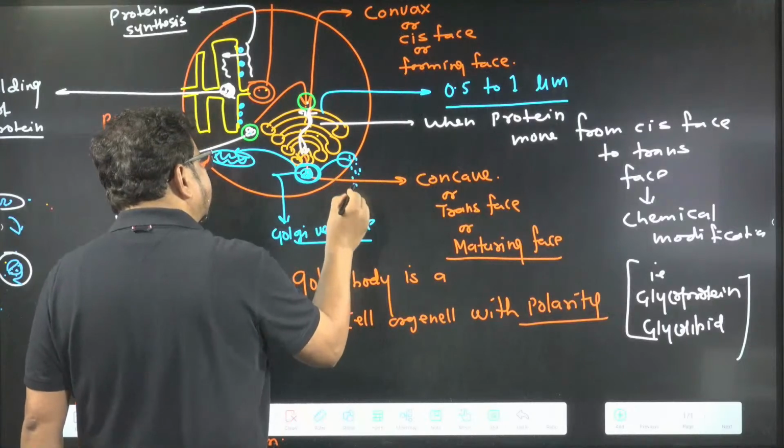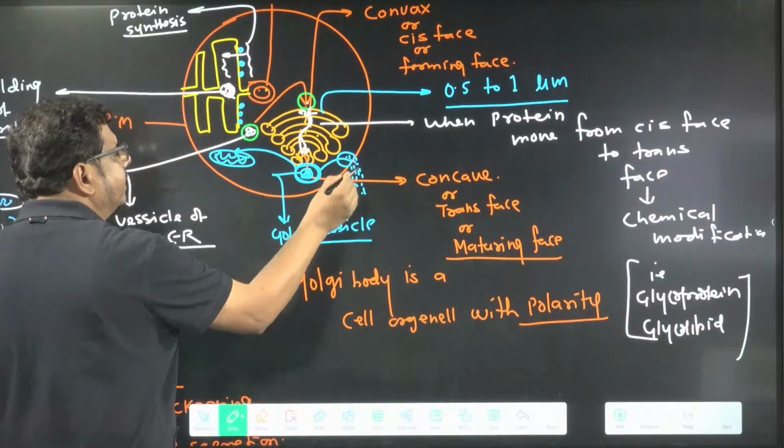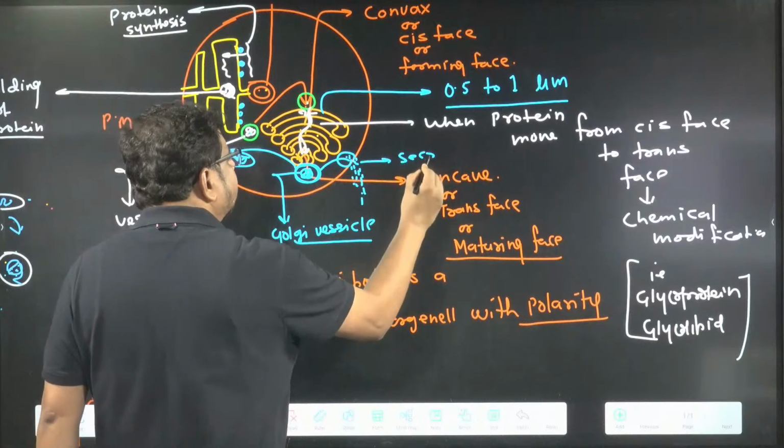So the extracellular target is fused with the plasma membrane and the material comes out. It is called secretion.